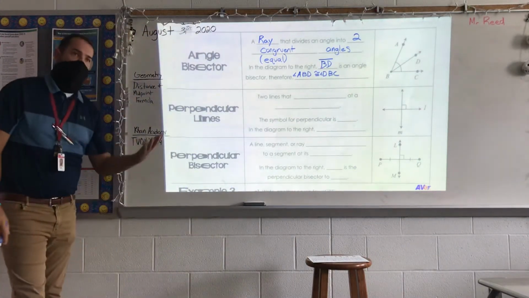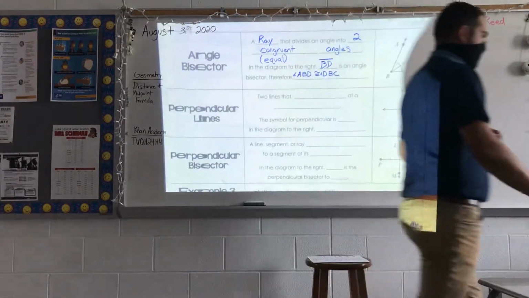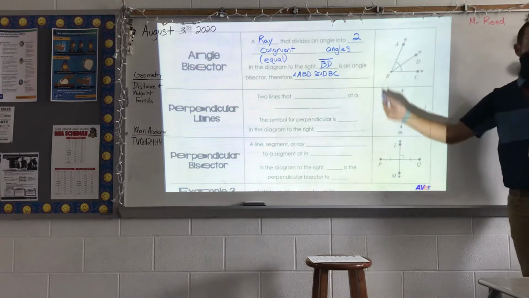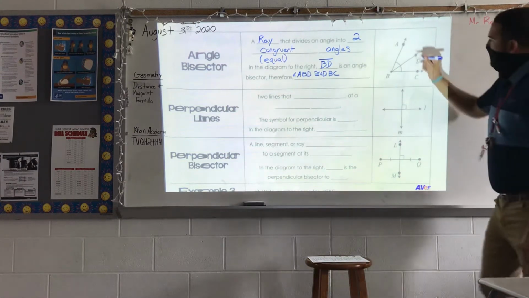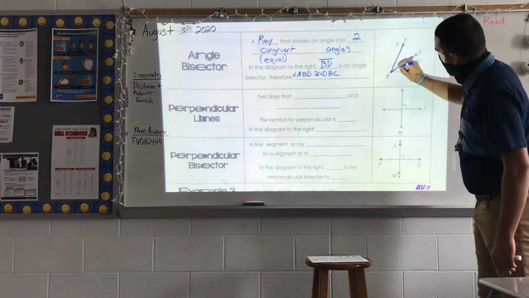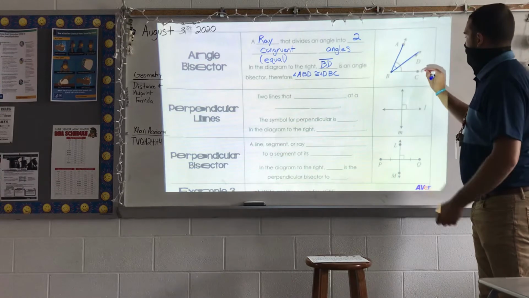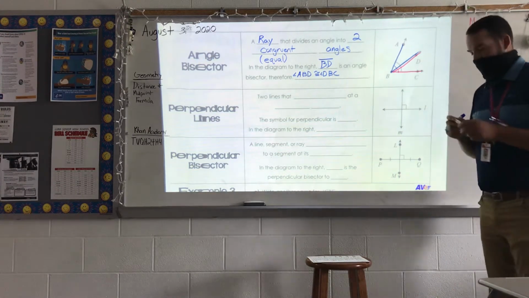If that makes sense. You want me to show you the two parts? So this is a bisector, it cuts it in the middle. So anytime you see bisector, it tells you that it splits the angle in half. So what that's telling you is this angle right here is the same as this angle right here, even though I drew it terribly.